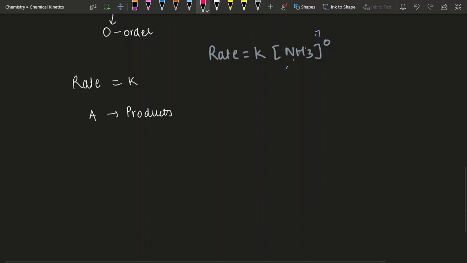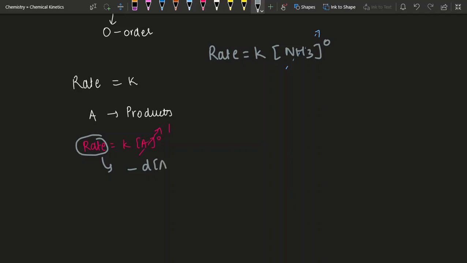Due to this, the rate is equal to k times A to the power 0, which is just one, so we don't need to write it. And the rate itself is the rate of usage of the concentration of A, so minus dA over dt.